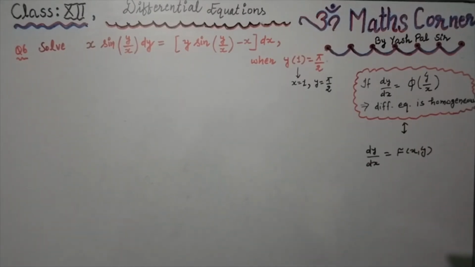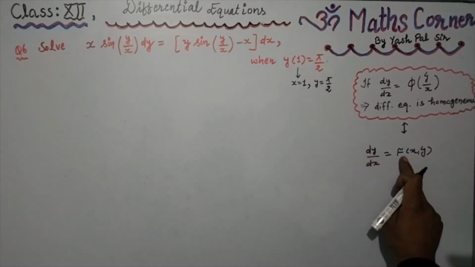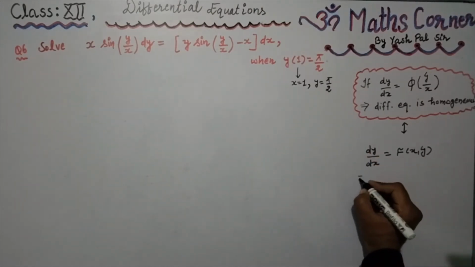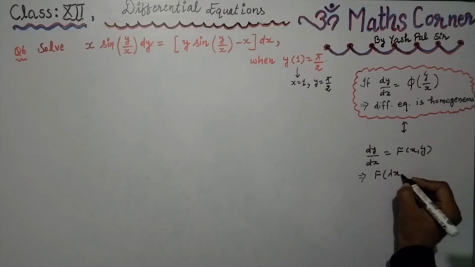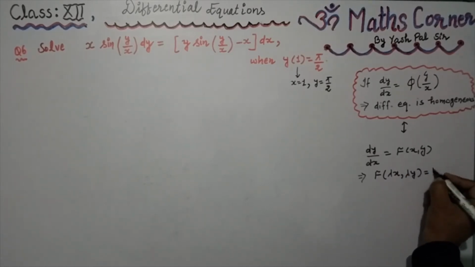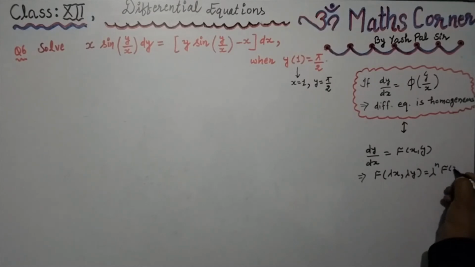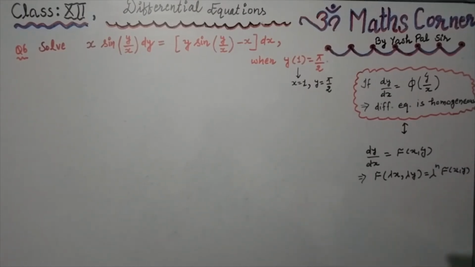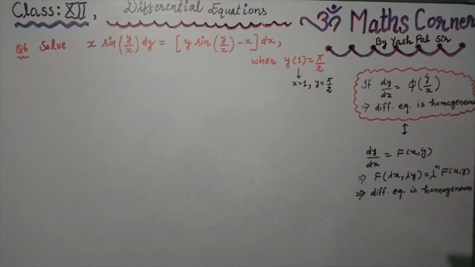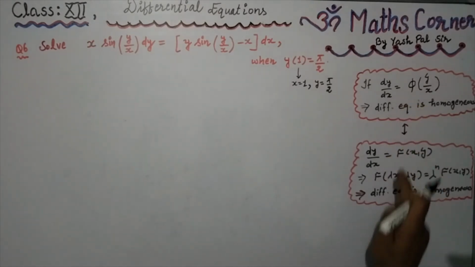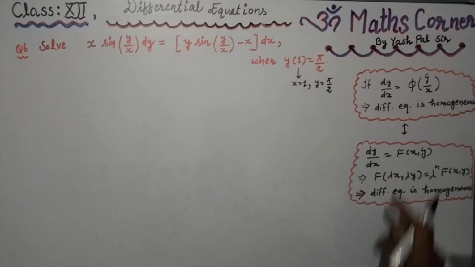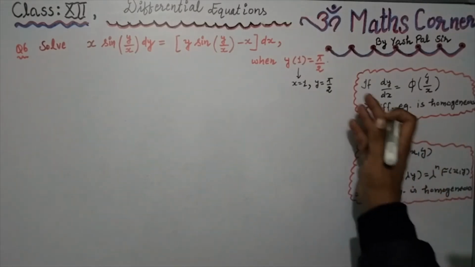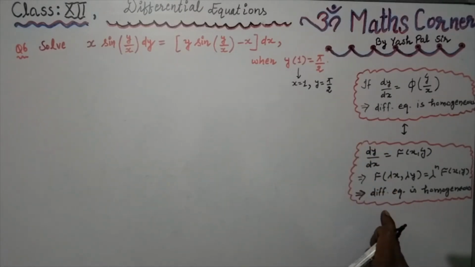In a previous question we saw that one more method was there: we write dy upon dx as f of x, y, and if we can write f of lambda x, lambda y is equal to lambda raised to power n into f of x, y, even then we say that the given differential equation is homogeneous. So we have two methods. In either way we can say that the given equation is a homogeneous differential equation.